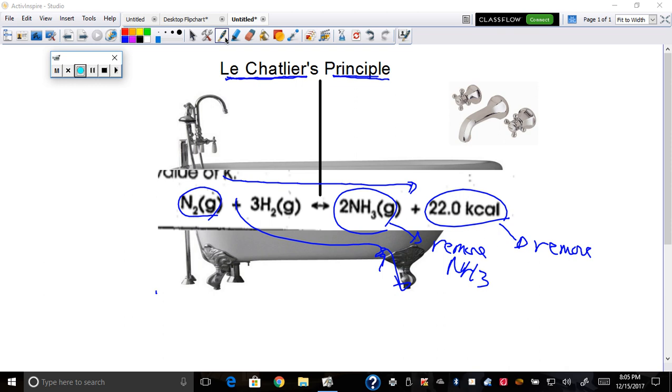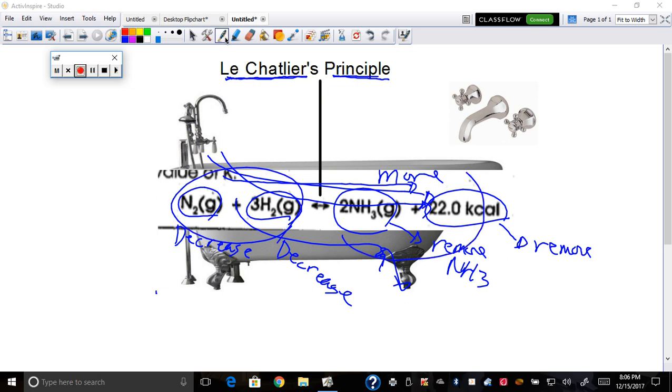Okay, you'll decrease the amount of N2, you'll decrease the amount of H2, and you'll make more of this. Because everything's flowing to the right. So all this side will decrease, this side will increase.